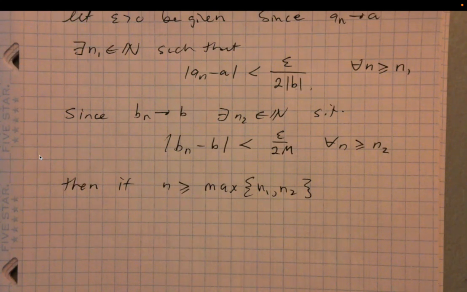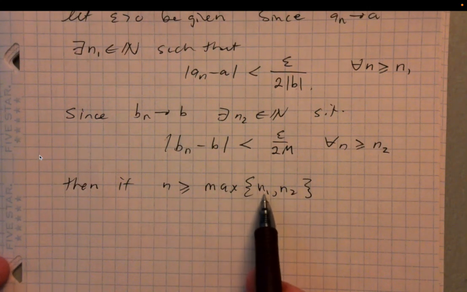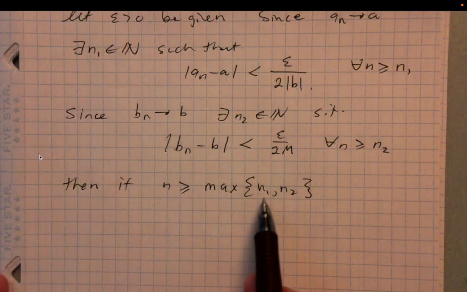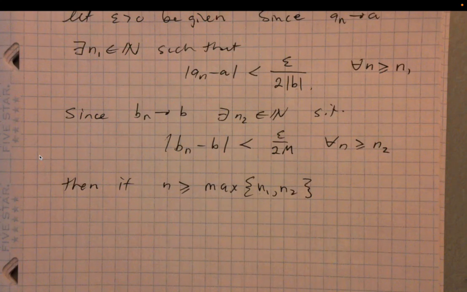Well, it means that both criteria are being hit. We need to get out far enough in the sequence so that both of these epsilon restrictions are met. If we're equal to the maximum, and maybe the maximum is n1, then that means we're also beyond n2. We're beyond both of them.